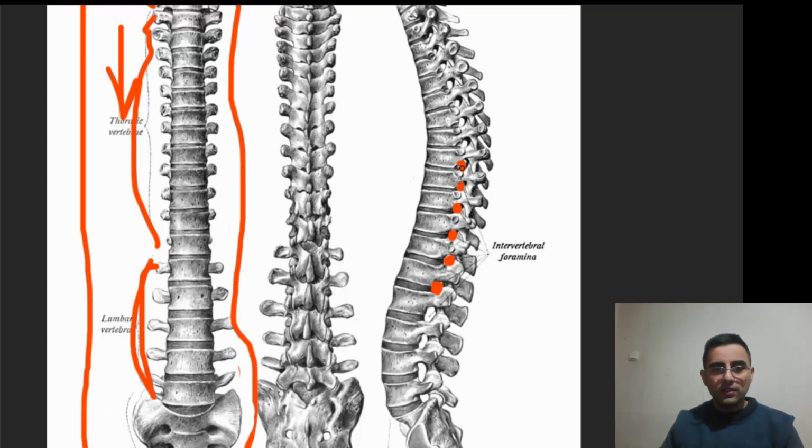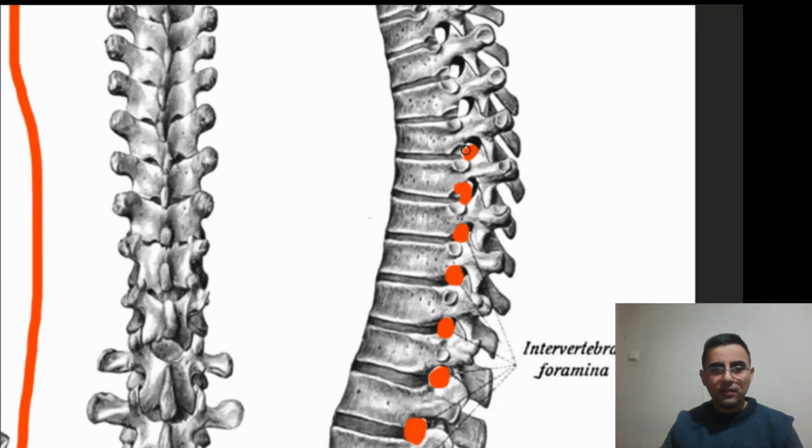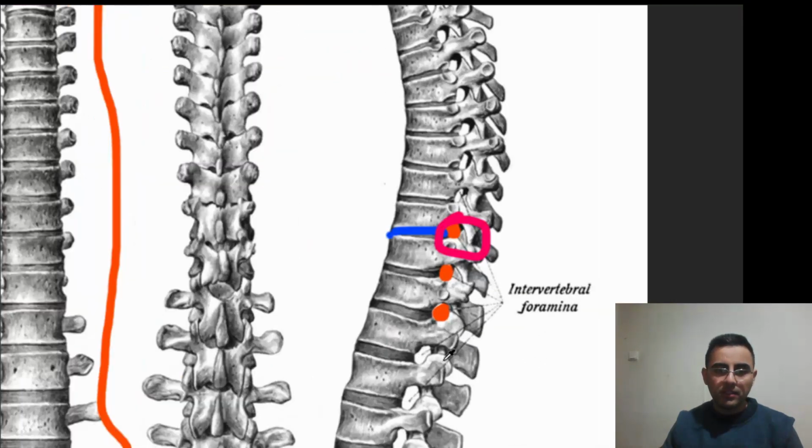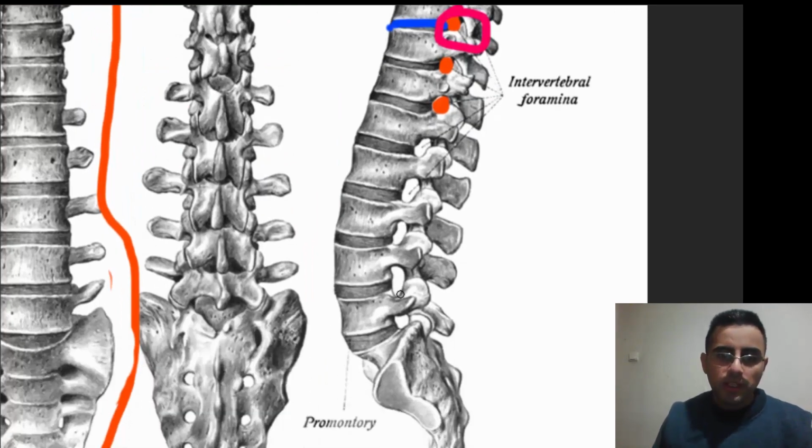This region is tight. It is not a spacey region. It's tight, and here is some tissues, and there is very small space, so it's very easy to compress nerves here. And small changes in vertebrae or intervertebral disc also may cause compression of nerves, because here is tight space, not large space.